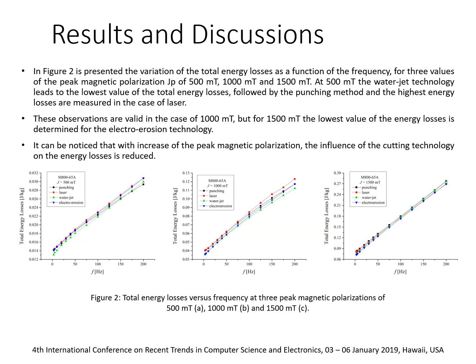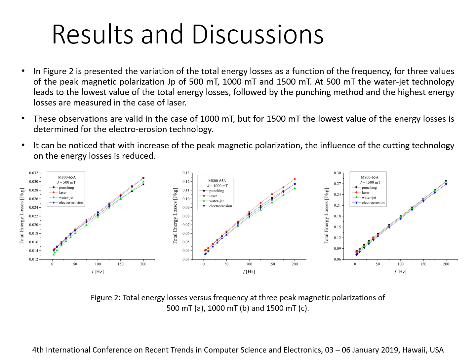In Figure 2 is presented the variation of the total energy losses as a function of the frequency for three values of the peak magnetic polarization. At 500 millitesla, the water jet technology leads to the lowest value of the total energy losses, followed by the punching method, and the highest energy losses are measured in the case of laser.